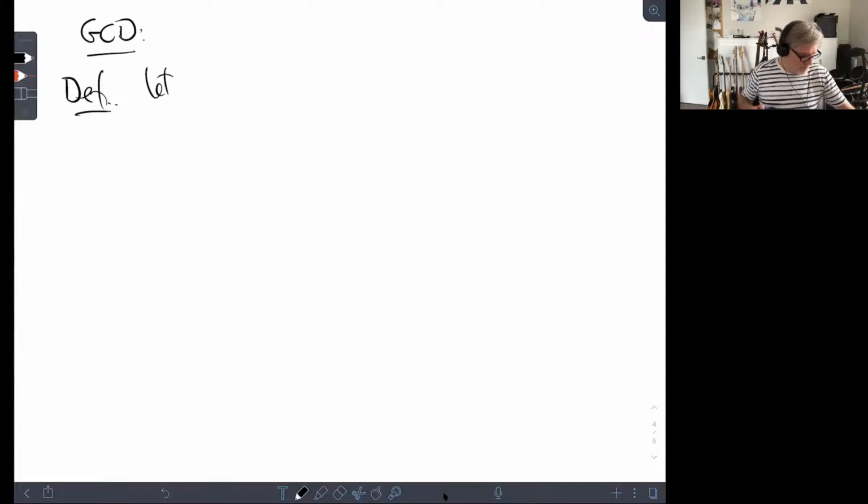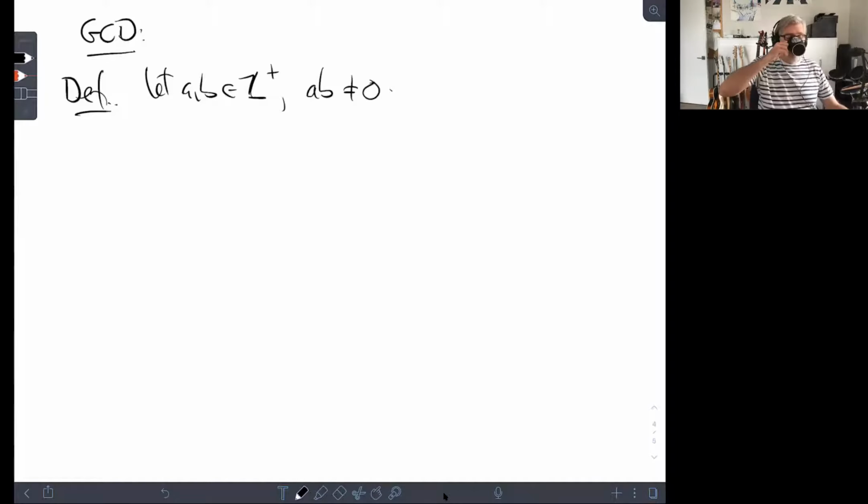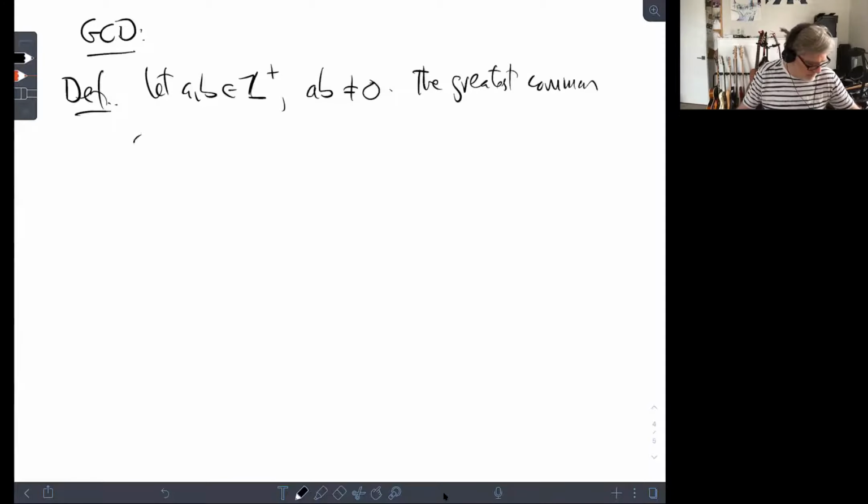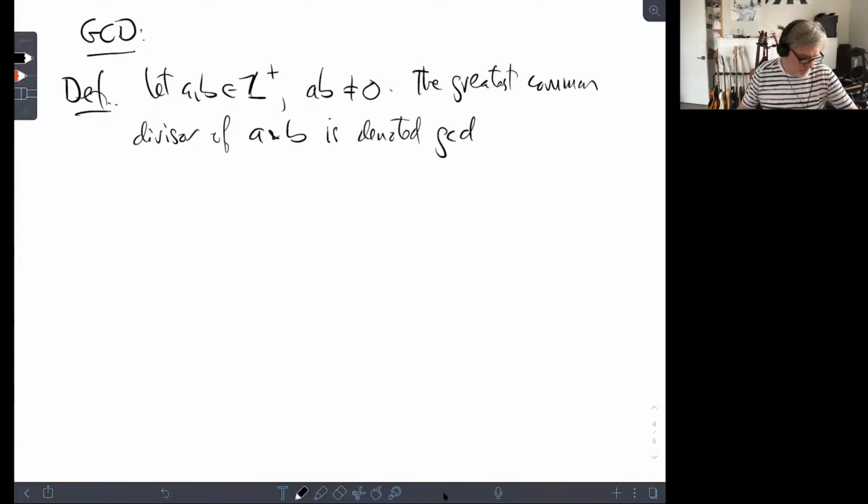Okay, so here's our definition. I have two integers, a and b, let's say positive, and such that a times b is not 0. What does that mean? Neither of them is 0, right? That's the same as saying that neither of them is 0. So the greatest common divisor of a and b is denoted GCD of a, b.